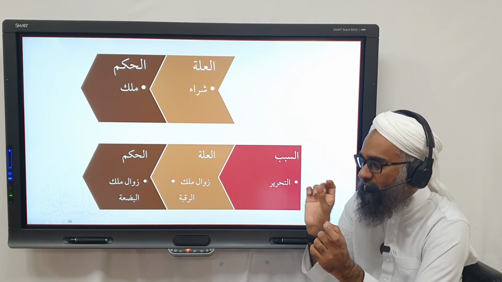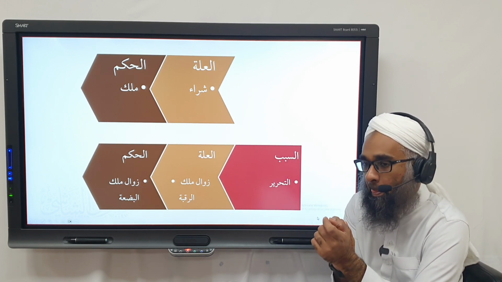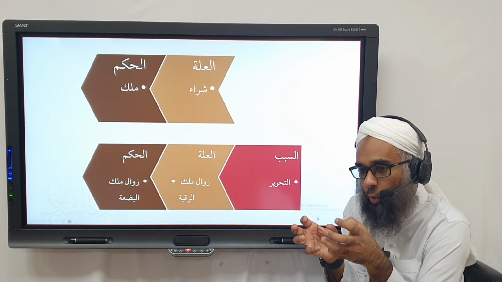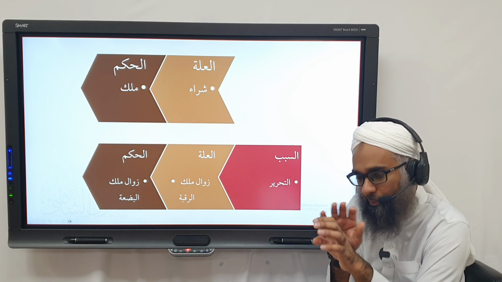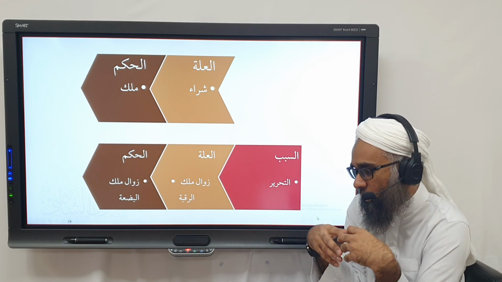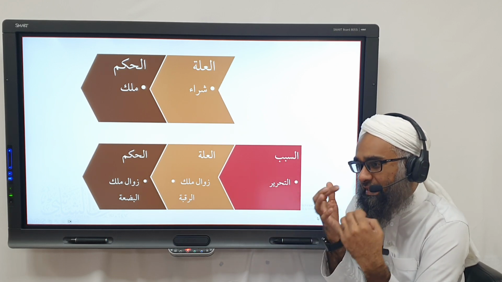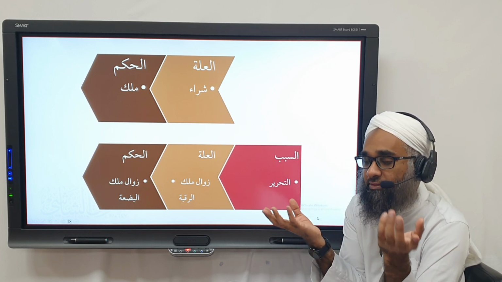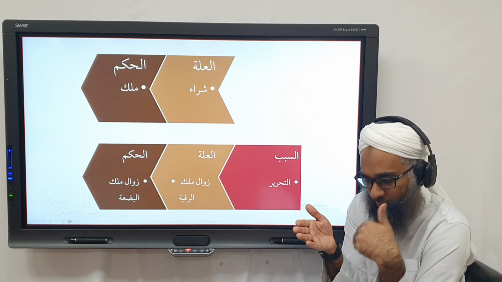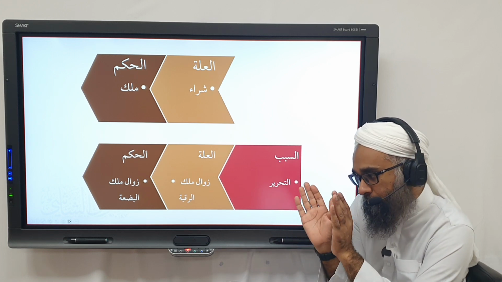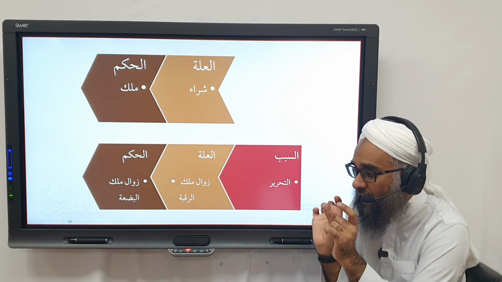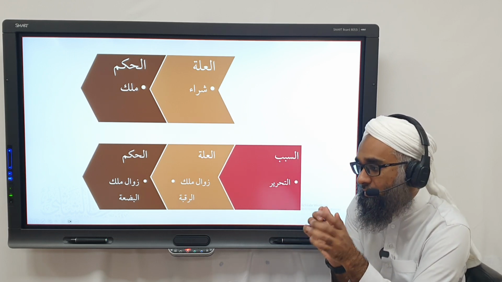What's the direct result of the freedom? Zawal milk al-raqaba: you no longer have authority over that person. That person is now free. So Islam encourages emancipation. For mistakes like manslaughter, breaking a fast, or breaking an oath, the recommendation is to free a slave, to try to remove slavery. So now we have tahrir. What does tahrir cause directly?